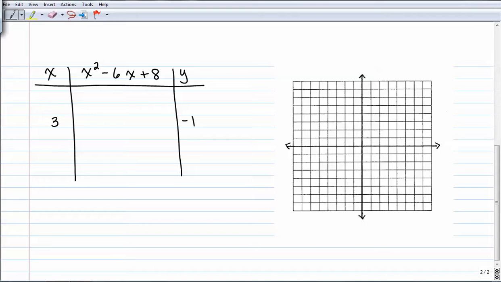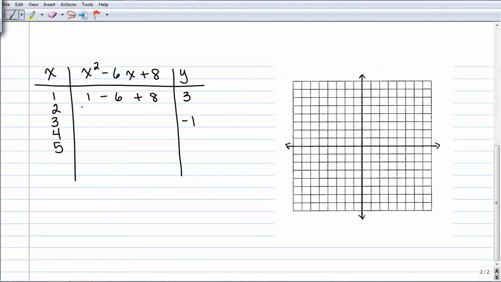And now I want to choose two x values that are smaller, so 2 and 1, and two x values that are larger, 4 and 5. And now plug those in and figure out what y is going to be. 1 squared is 1, minus 6 plus 8 gives me 3.